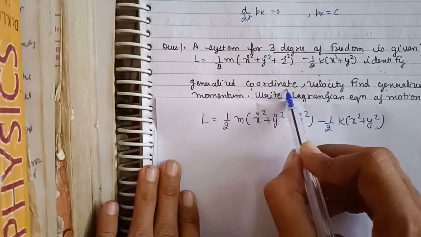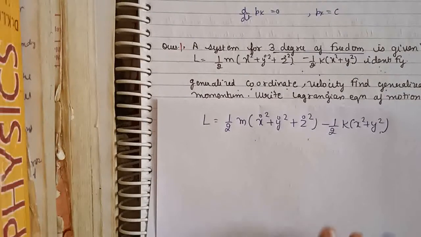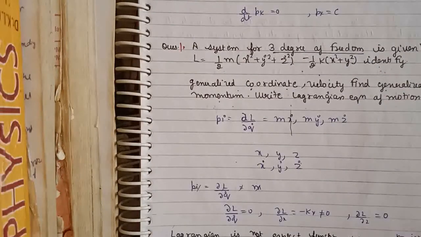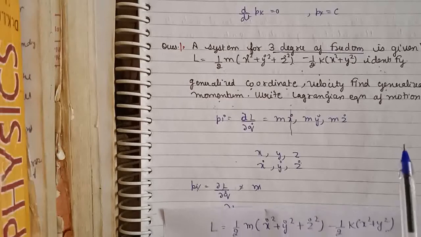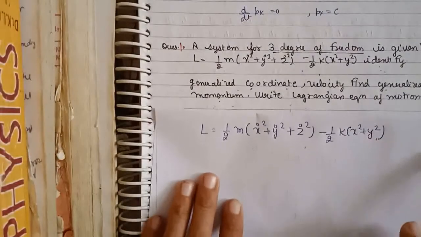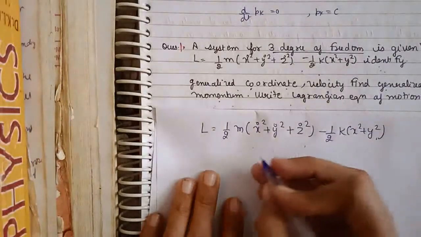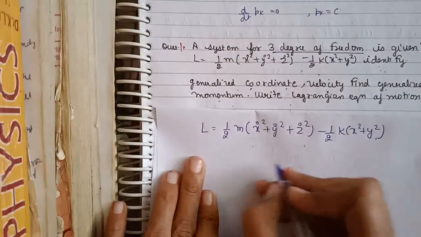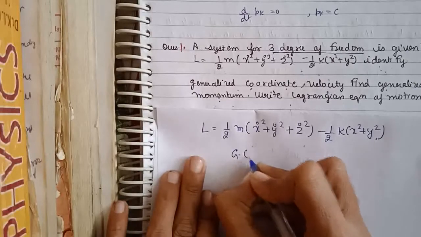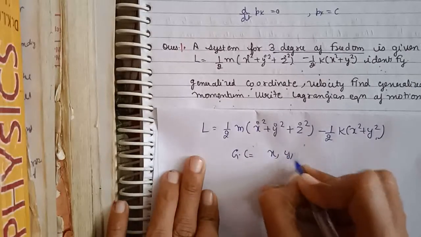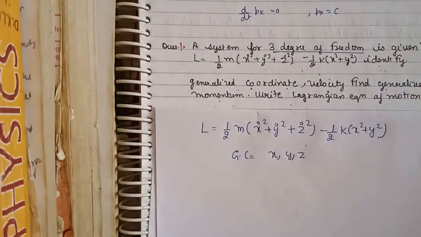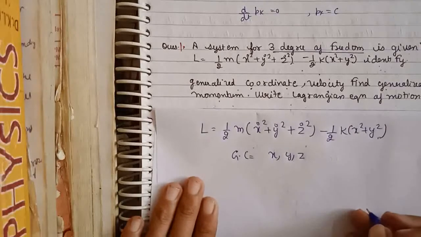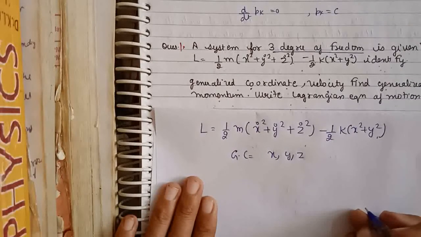Identify the generalized coordinates. The degree of freedom is given as 3, so the generalized coordinates are x, y, z, equal to the 3 degrees of freedom.